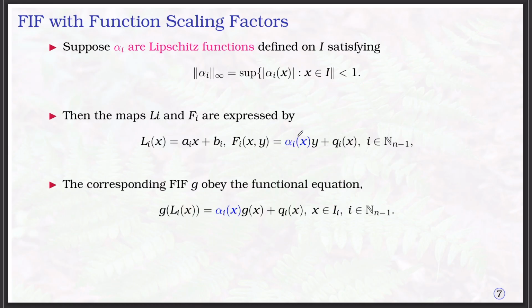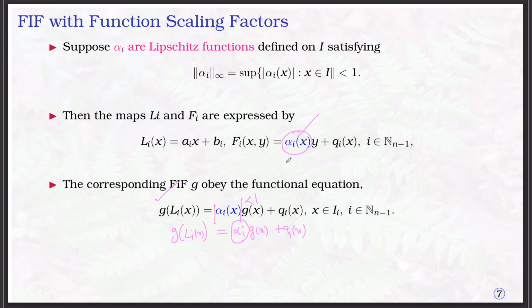Again, this functional vertical scaling factor also obeys the self-referential equation. Since for the constant scaling, g of Li of x follows alpha I times g of x plus qi of x, instead of this constant scaling we just replace it with alpha of x. Note again that this maximum value is taken as 1, therefore the attractor still exists for this functional scaling.